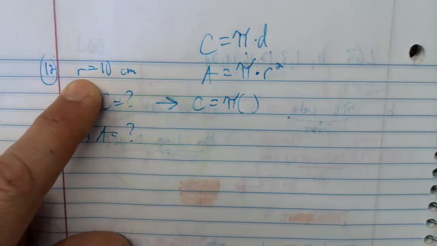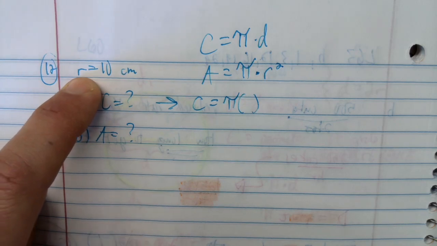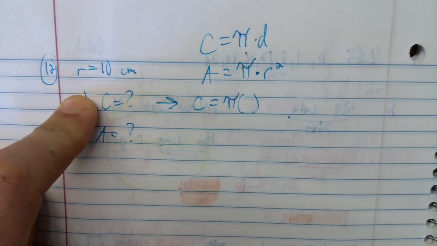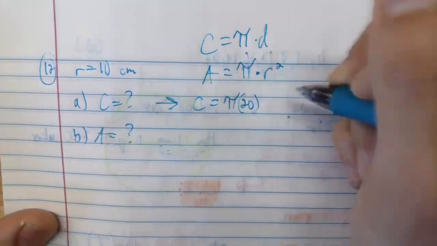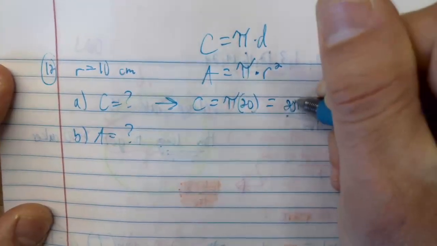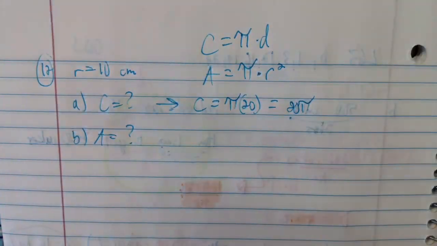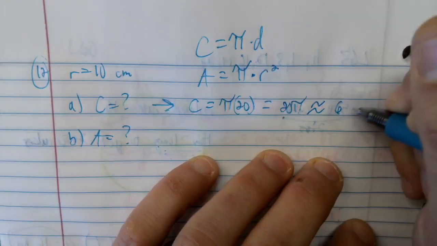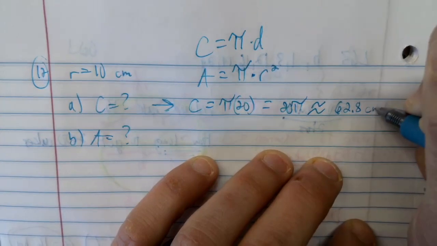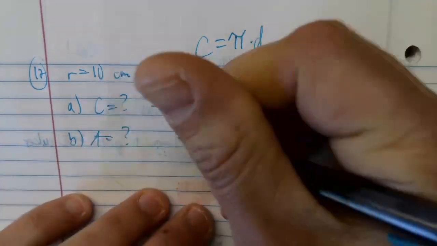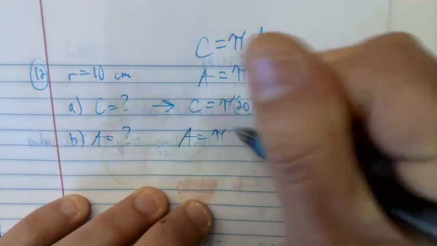Well, I don't know what d is, but I can take my radius and do what to find it? It's 20. It's double the radius. So 20 pi is my exact answer, or 62.8 centimeters. The area is just pi times r squared.